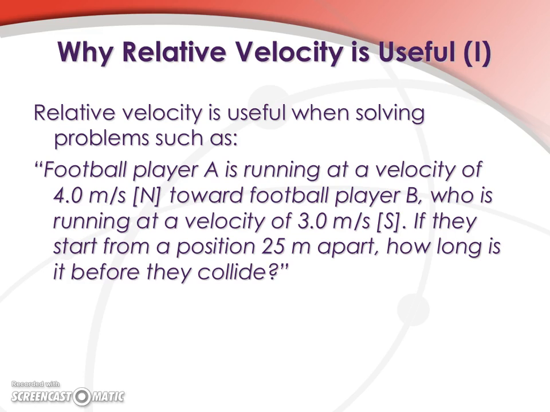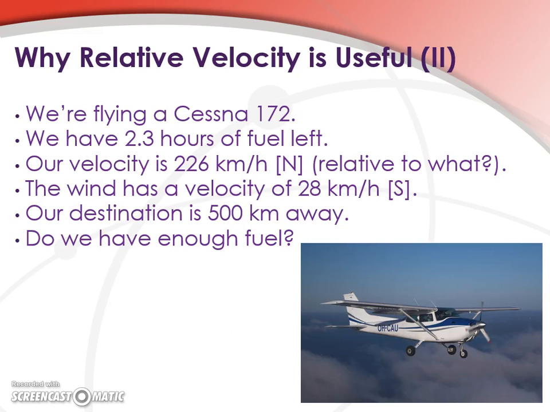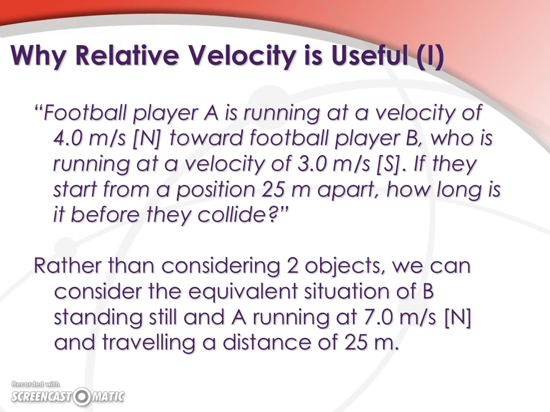Very challenging to do this problem if we don't combine their velocities by changing the point of reference from the ground, which is how we started, to one of the other perspectives, either the perspective of player A or player B. So, rather than considering the two objects, we determined that the velocity of B with respect to A is 7 meters per second.